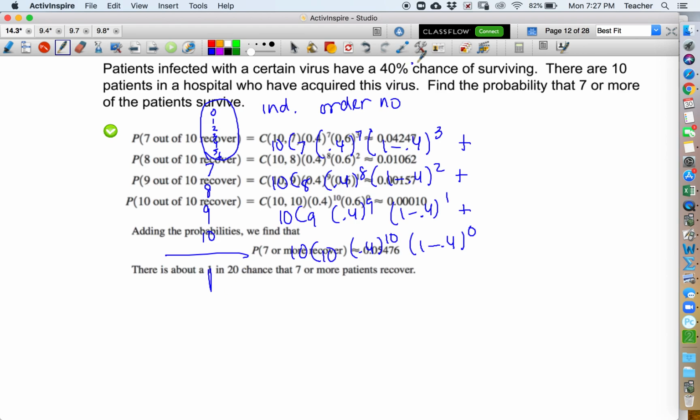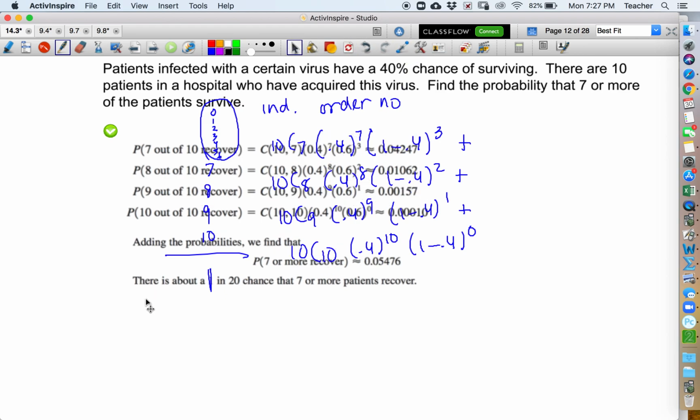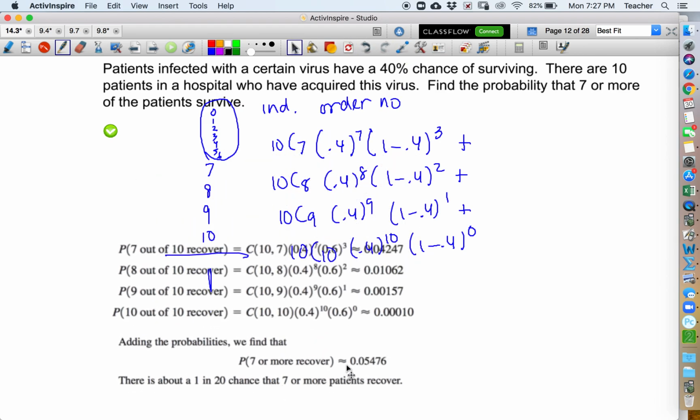And that probability is approximately 0.05476, about a 1 in 20 chance, or 5% chance that 7 or more patients will recover.